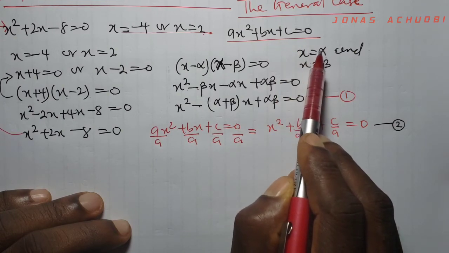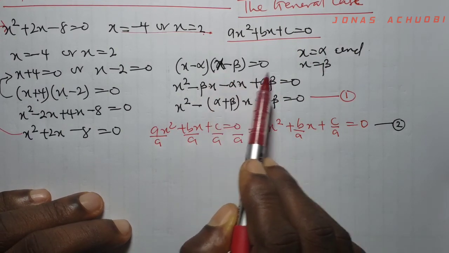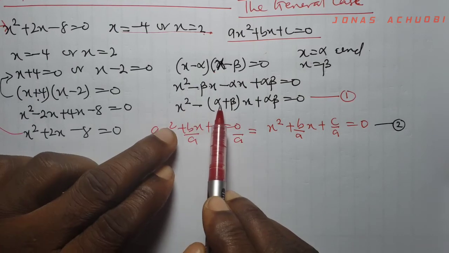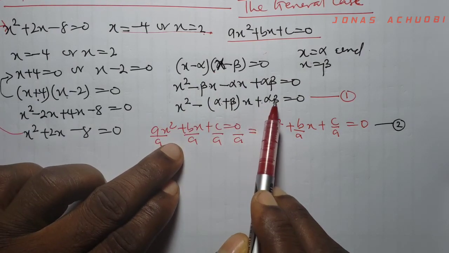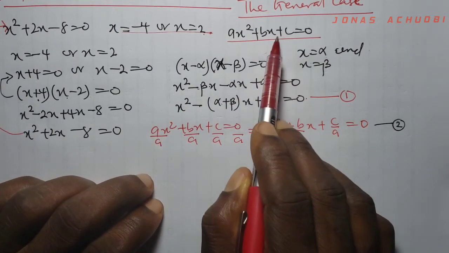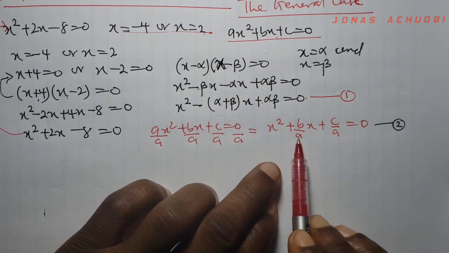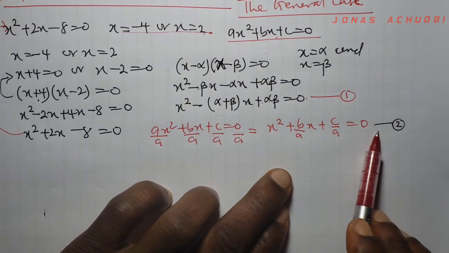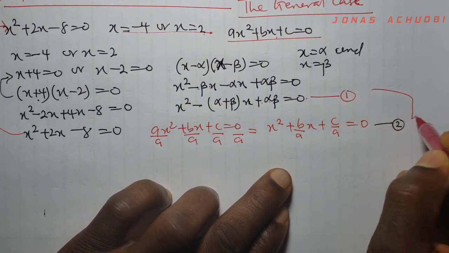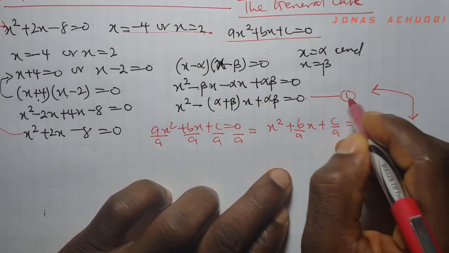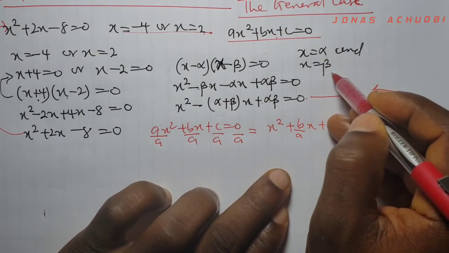And now when we put it here, we see that this is the same thing as x squared minus (alpha plus beta)x plus alpha beta equal to 0. And the same equation can be expressed as this, x squared plus (b over a)x plus c over a equal to 0. So these two equations are equivalent since they both have the same roots, alpha and beta.